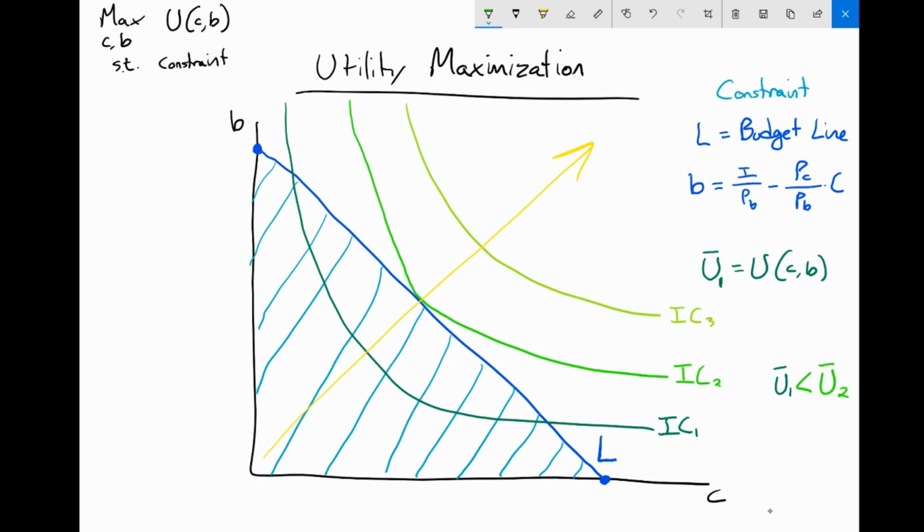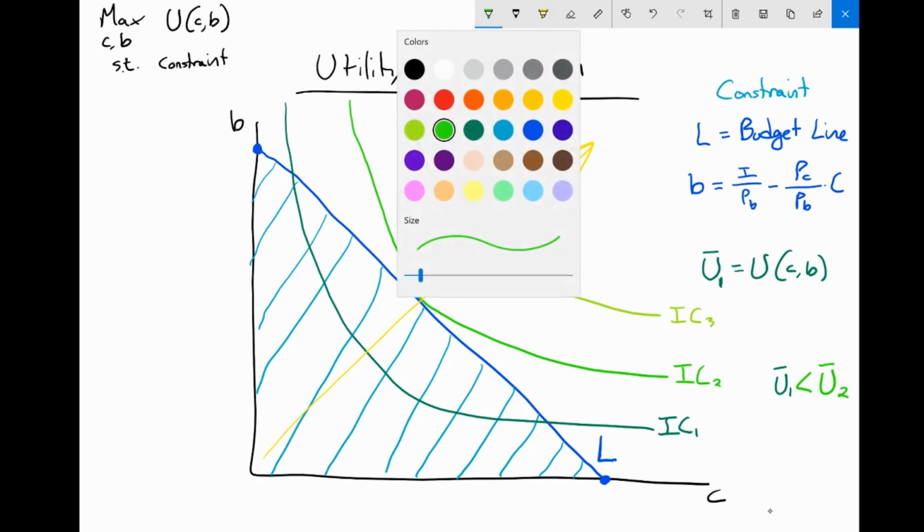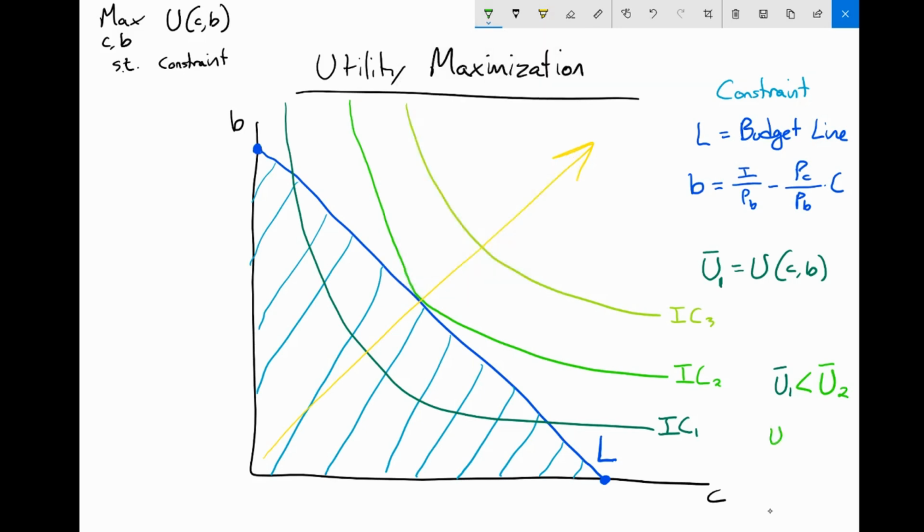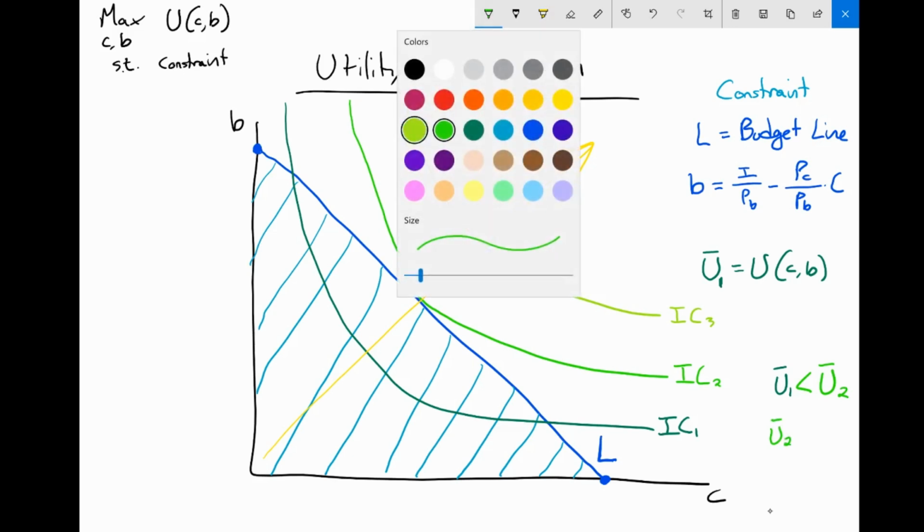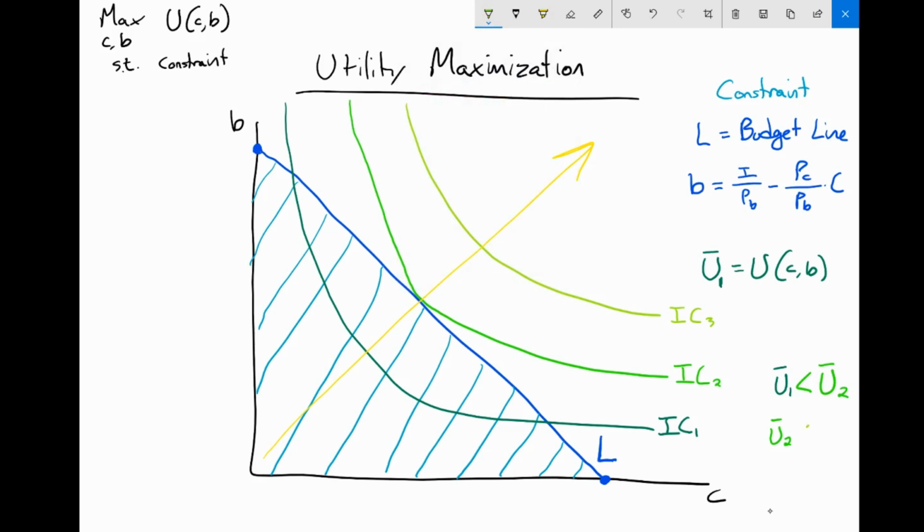They would prefer any bundle on IC2 to any bundle on IC1. The utility they get from the second indifference curve is greater than from the first. And the same goes for the third indifference curve. It is farther away from the origin, which means they would get more utility from any bundle that lies on it.